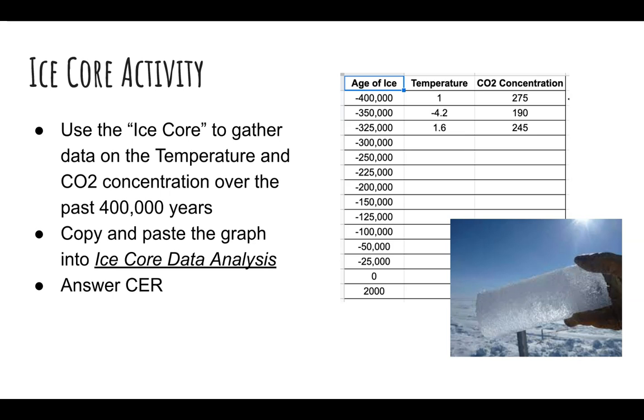You're going to enter that information into a data table. As you finish your data table, it will create a graph. You will copy and paste your graph into the Google Doc called Ice Core Data Analysis. Once you have your data, you can write your CER.